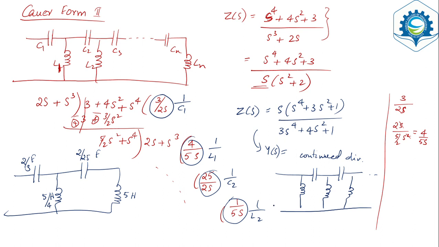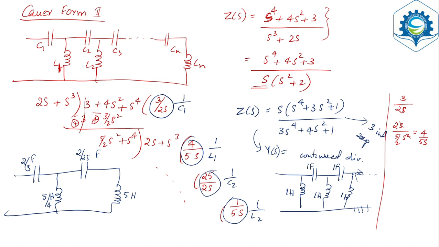When you're solving this particular problem, you'll be getting 3 inductors and 2 capacitors. So what I've drawn is approximately correct over here. I'll just mention the answers over here. It's 1 Henry, 1 farad, 1 Henry, 1 farad, and 1 Henry. So this is the answer for the question given above.